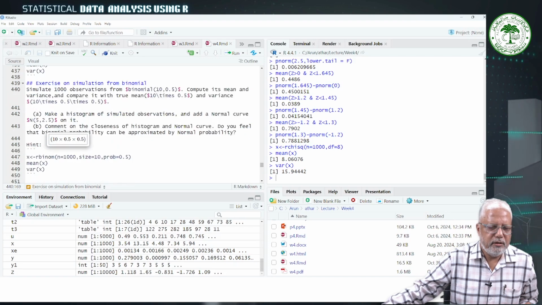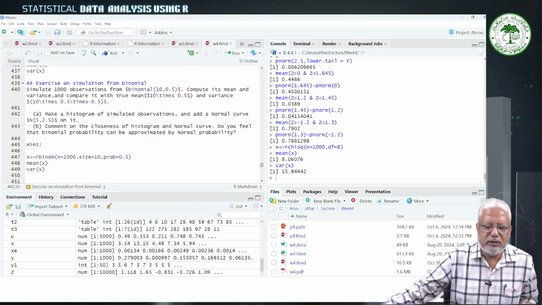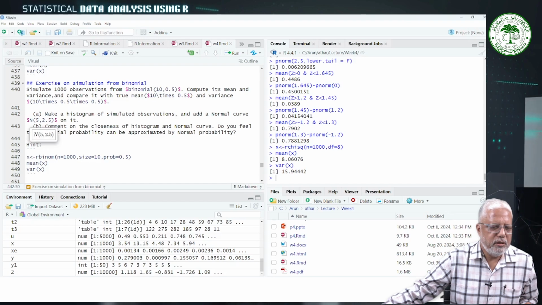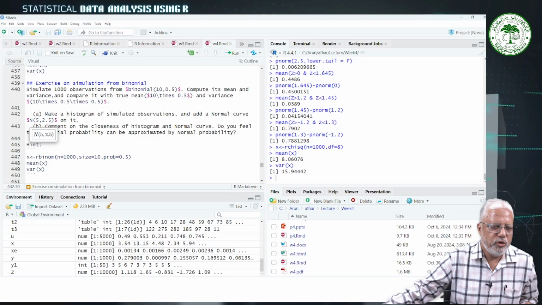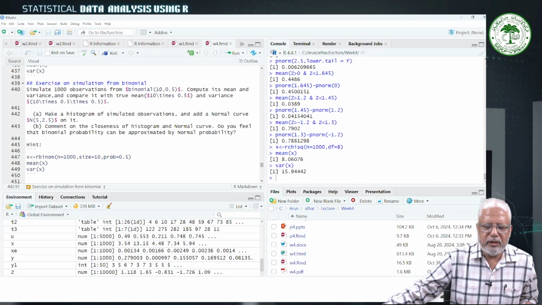And then the next problem is make a histogram of the simulated observations and add a normal curve with mean equal to 5 and variance equal to 2.5 on it. Then comment on the closeness of the histogram and normal curve.